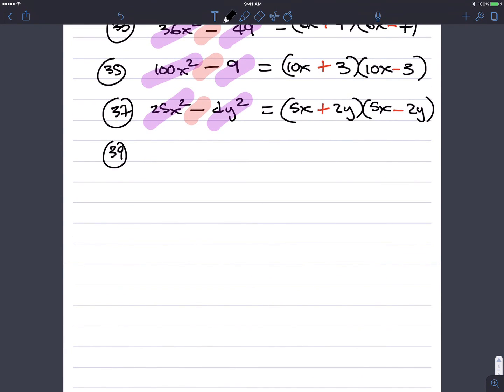39 here. We have 16x squared minus 81. Let's double check. It looks like it's 81y squared. Okay. We have a difference.